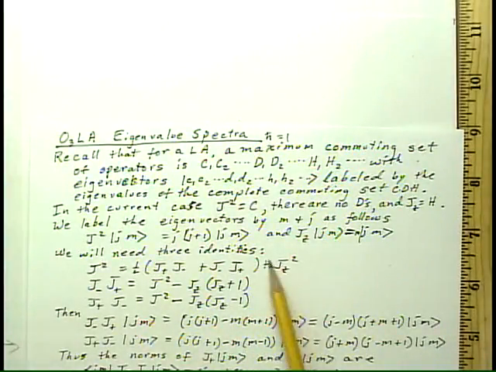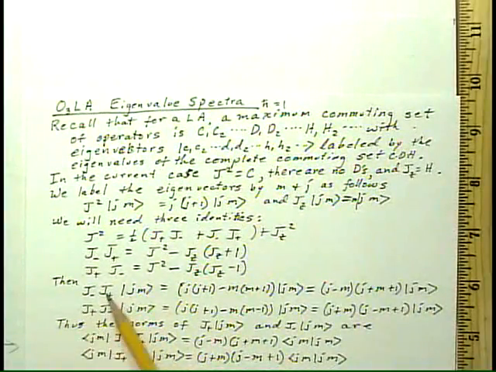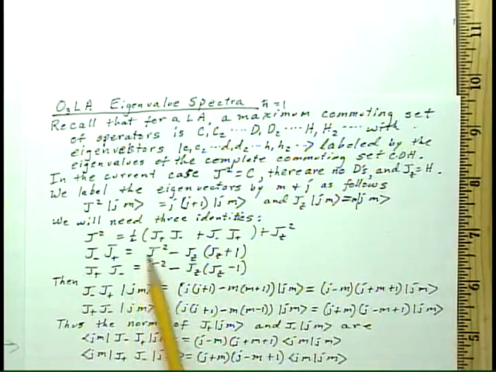Now we'll be using these three equations in order to derive what we need to derive. Namely, first, we show that if we act with a J minus and a J plus times |jm>, then of course we can use this form right here.